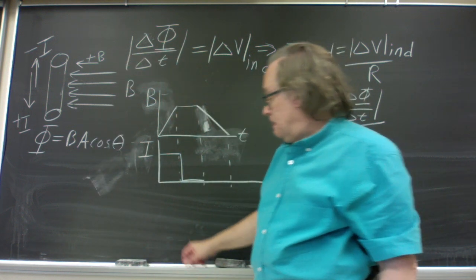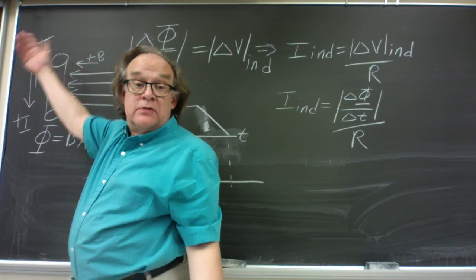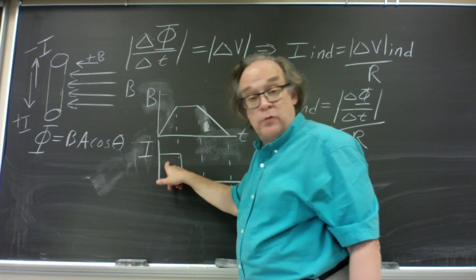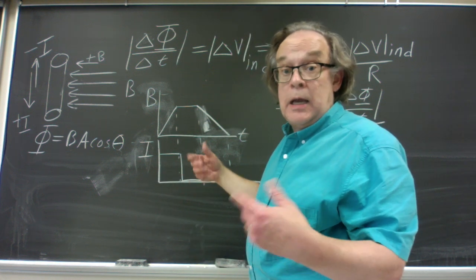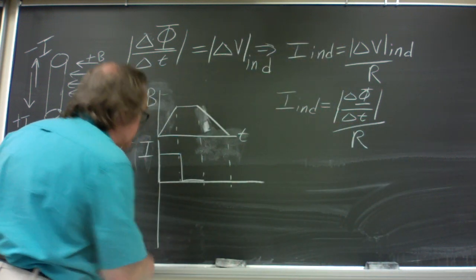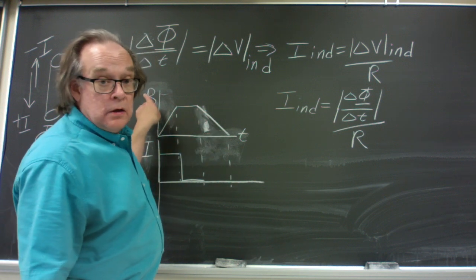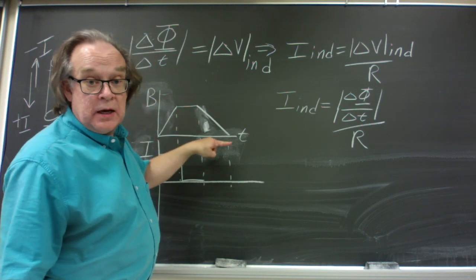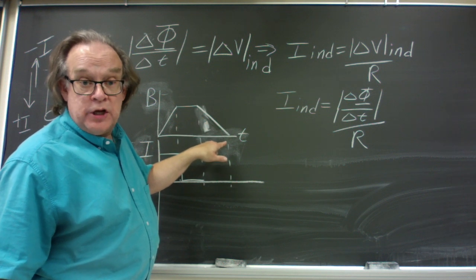So you get current that way, which we defined to be negative. It's got to be the opposite kind of movement from this. So it's a negative current, and it's also constant. Because just like before, on a graph of anything versus time, the slope is the rate of change.